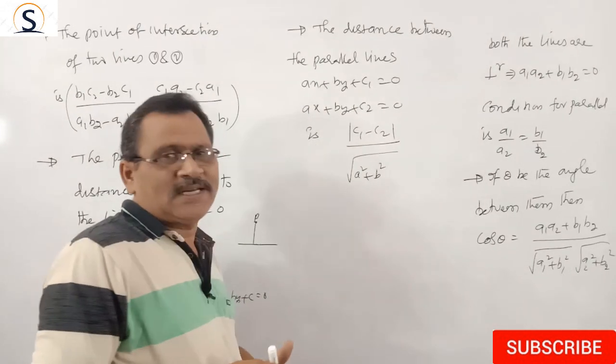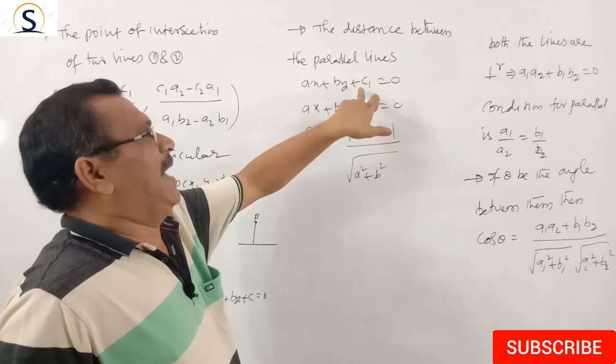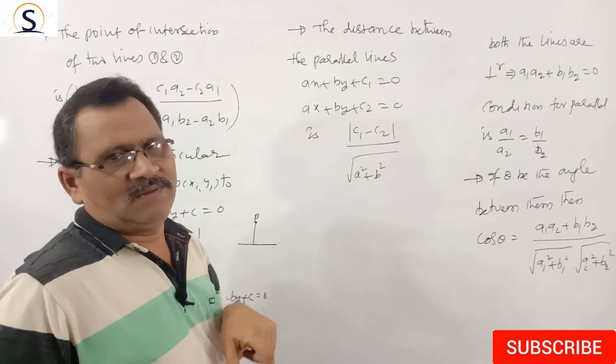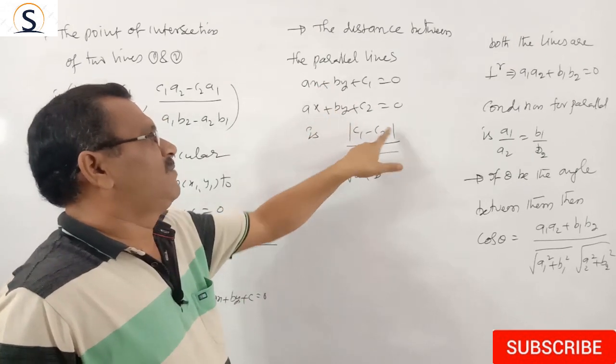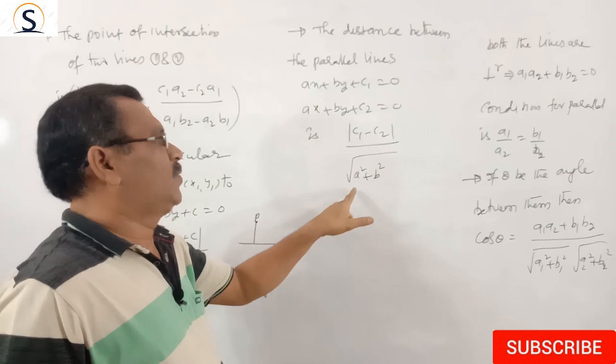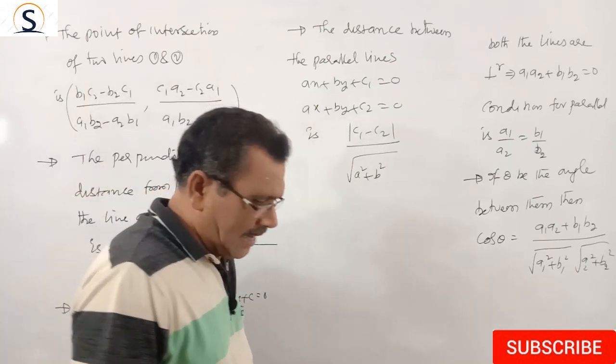This is the distance between two parallel lines. I told you the parallel lines differ in constant. Simply to find out the distance between these two, take modulus of c1 minus c2 by root a square plus b square. This is the distance between parallel lines.